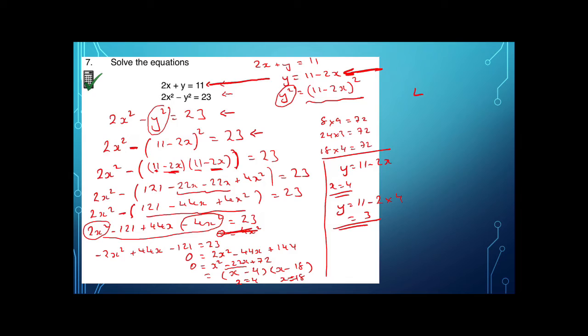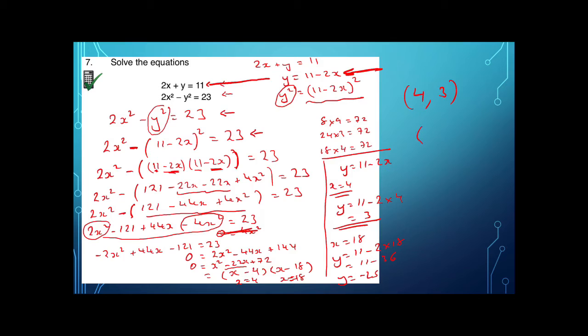So they are simultaneous at x is 4, y is 3. And when x is 18, y equals 11 minus 2 times 18, 11 minus 36, and that equals negative 25.